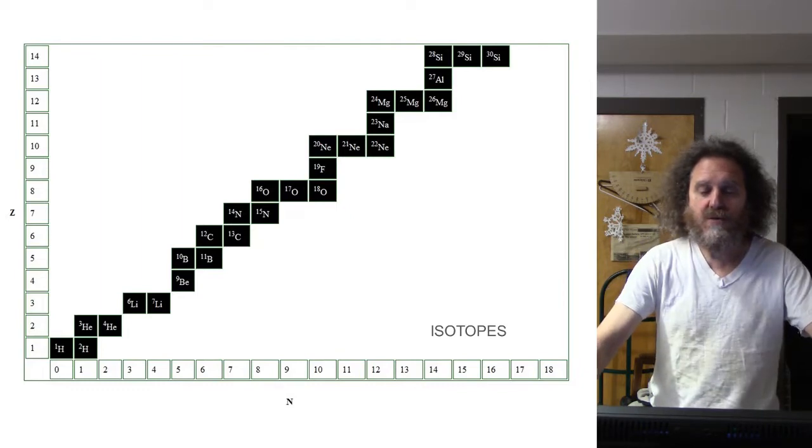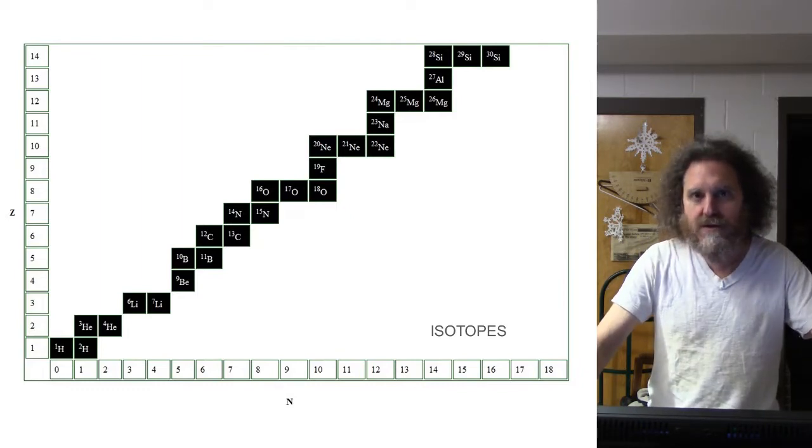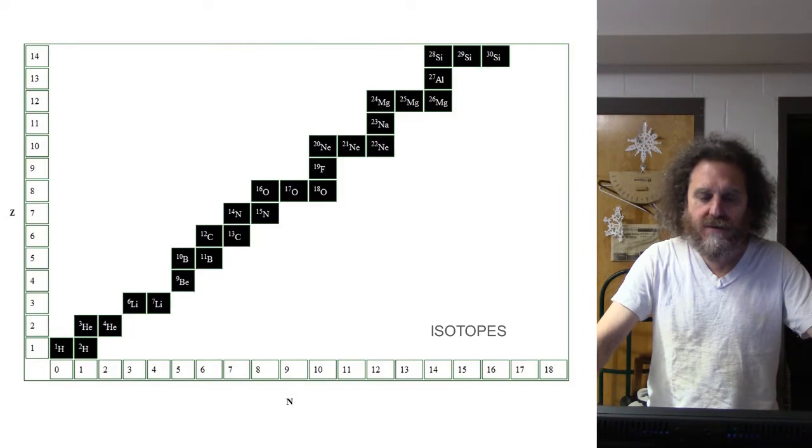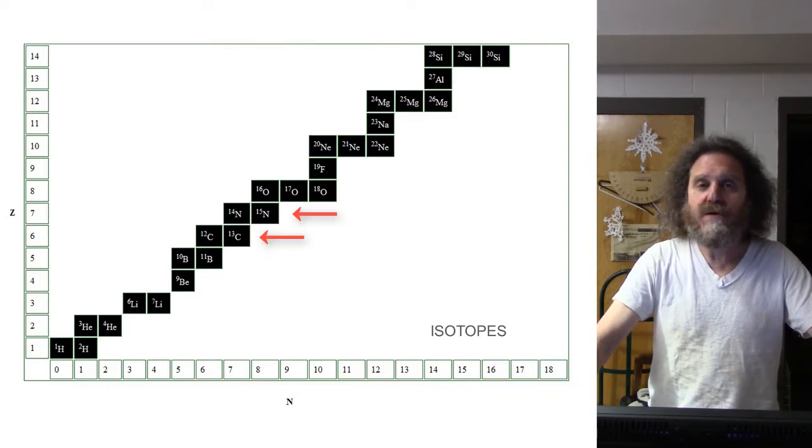All these black squares represent what are called stable isotopes. So they're stable as far as anyone knows, which means they will remain what they are forever without switching into another isotope. And you can see several of the elements that are important in our physiology have multiple isotopes, like nitrogen and carbon. Carbon-12 is the most abundant isotope of carbon, but some of it, like 1% or so, is carbon-13.